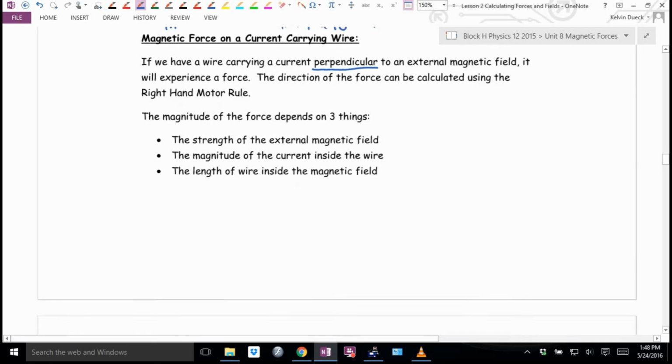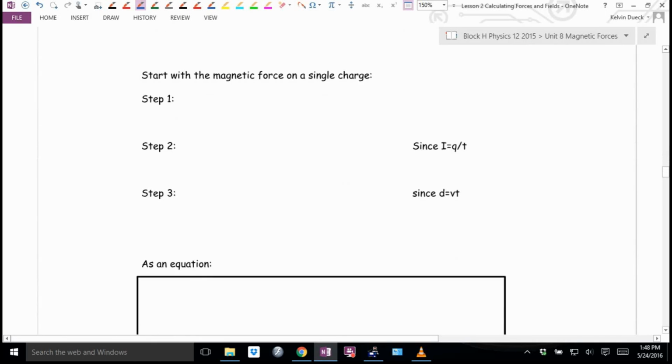You can derive the equation for current by starting with the magnetic force on a single charge, which is QVB. I want to get rid of the Q. Well, if current I is Q over T, how could I rewrite this as Q equals?